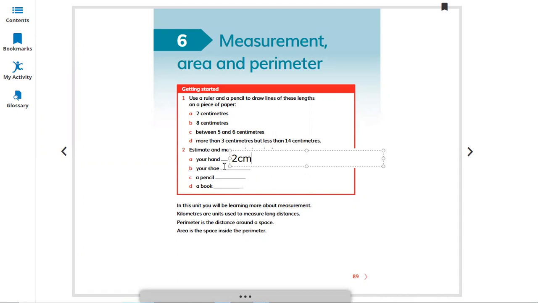Your shoes, maybe 5 or also 2 centimeter. This one, 1.5 to 2 centimeter. Then a pencil, a book.